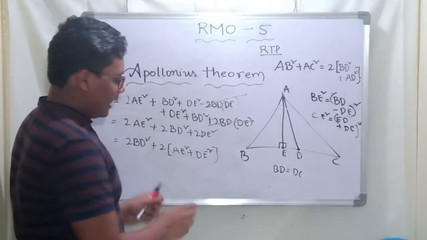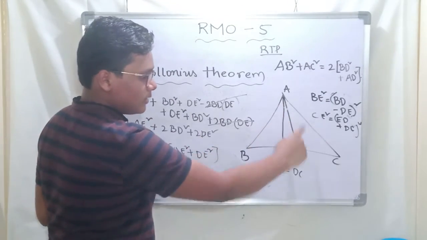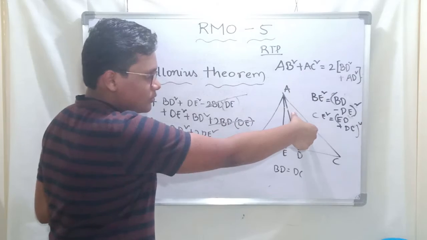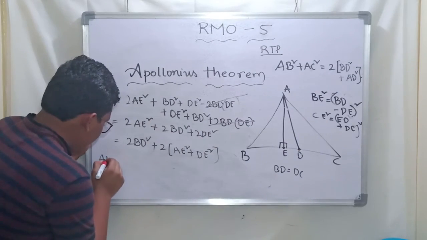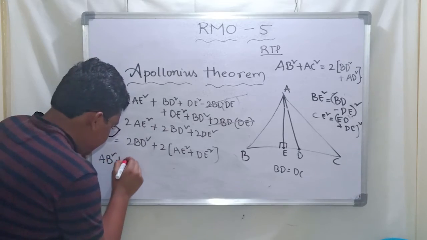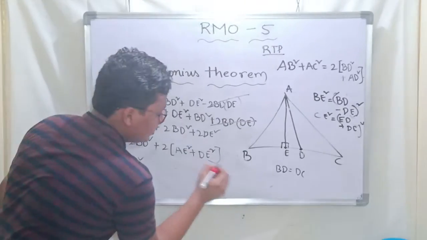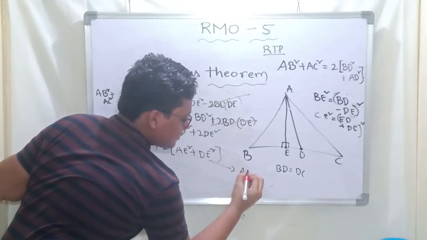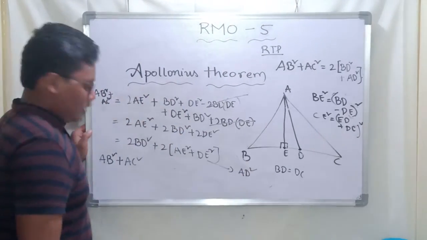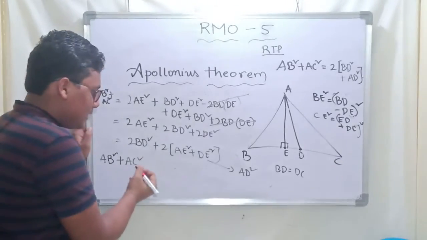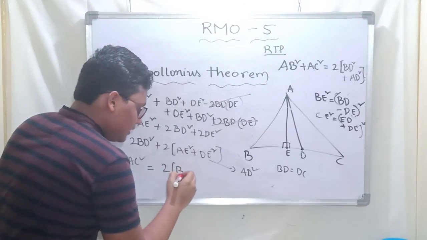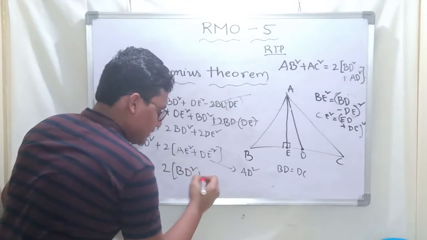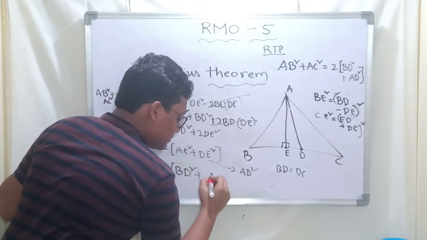Here AE square plus DE square is equal to AD square. So AB square plus AC square is equal to 2 into BD square plus AD square.